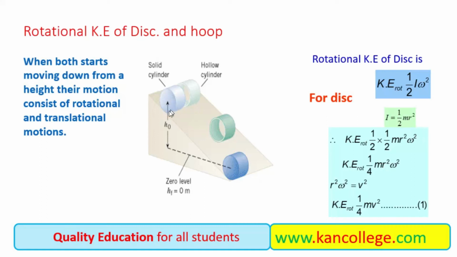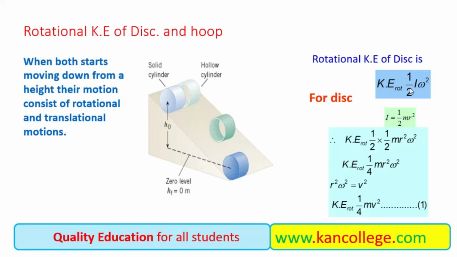So we take the average of the moment of inertia: zero plus m r squared over 2, which is half m r squared. So the moment of inertia of the disk is half m r squared.